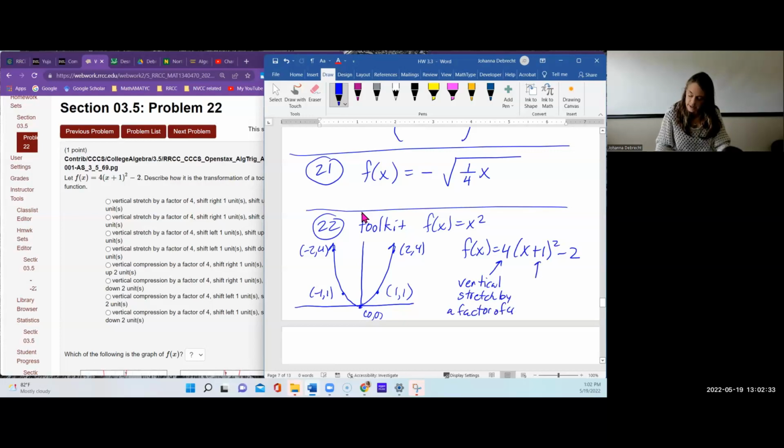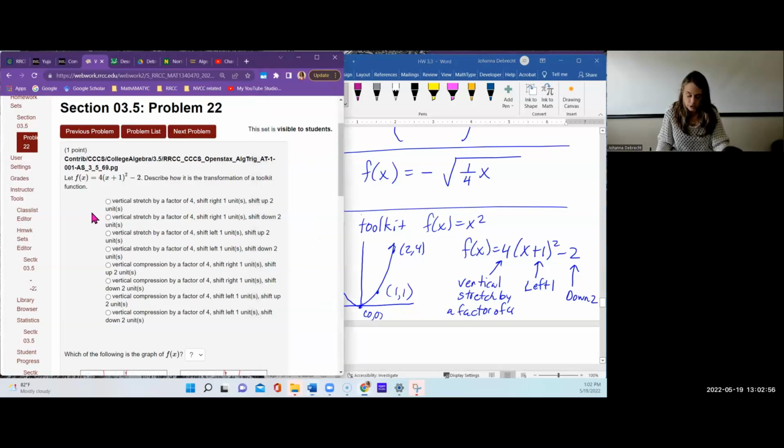The plus 1 is inside the main operation, which is the square. That's the toolkit function coming into play. The plus 1 would normally move right, so it must have gone left 1. The -2 is outside the square, so again, it affects y and does what we expect. It moves it down 2.